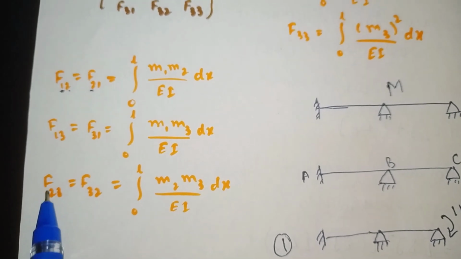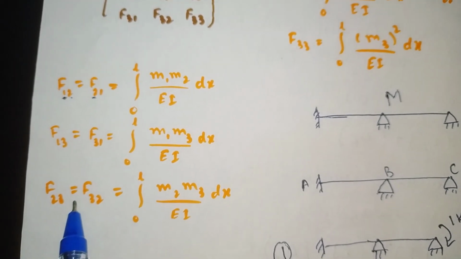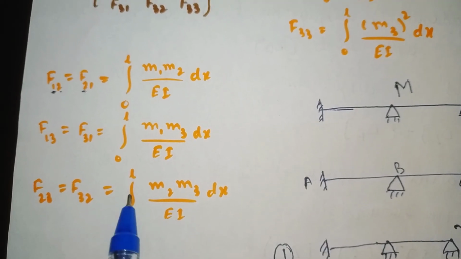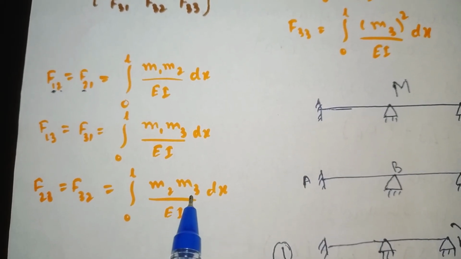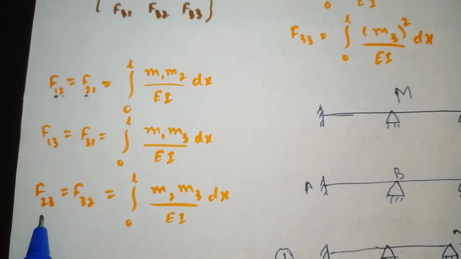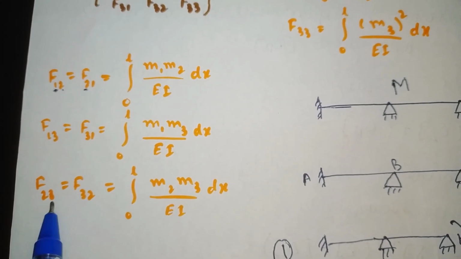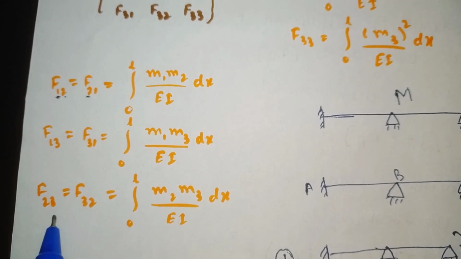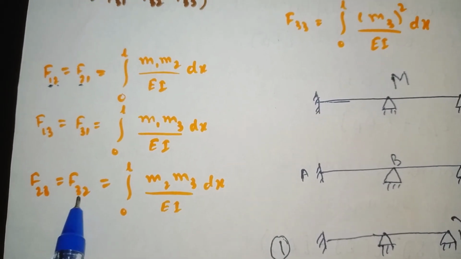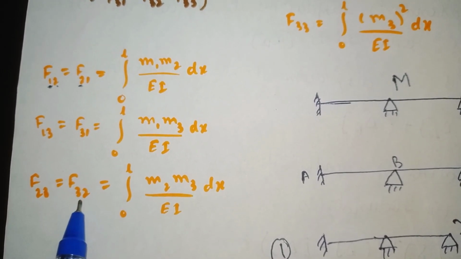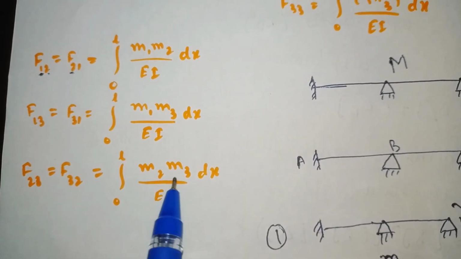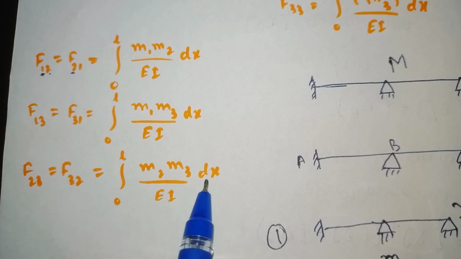Similarly, F23 is equal to F32, and the formula is the integration from 0 to L of M2 into M3 divided by EI into dx. Here our first point is 2 and second point is 3, or first point is 3 and second point is 2. You need to take the moment of these two, and both will be the same.